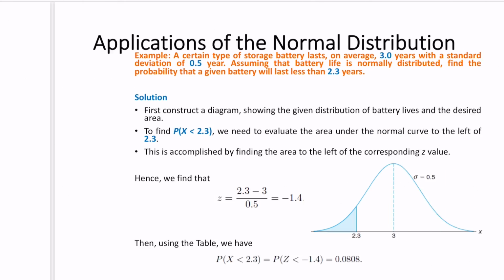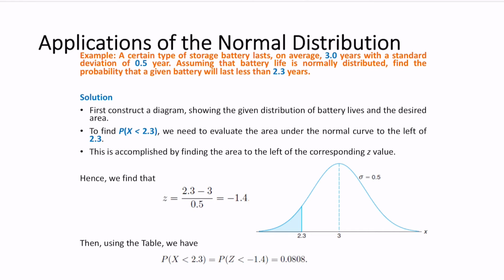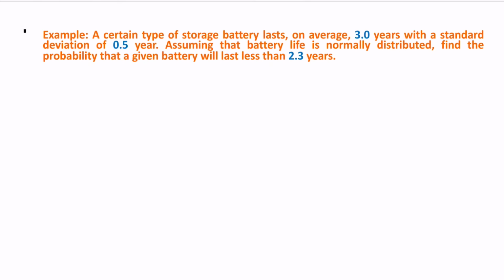Now let's take a problem and see if we can solve it. A certain storage battery, let me write it down separately. So first thing we want to do is note down the data. In the problem it's given that a certain type of storage battery lasts on an average 3 years with a standard deviation of 0.5 year.